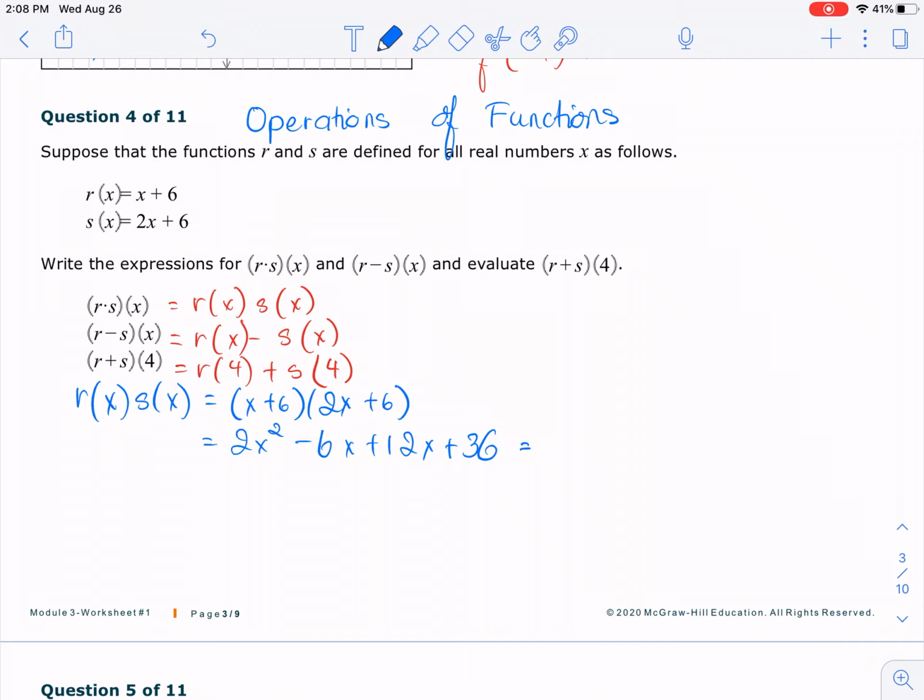So what I have when I combine like terms, we ended up with 2x squared plus 18x plus 36.